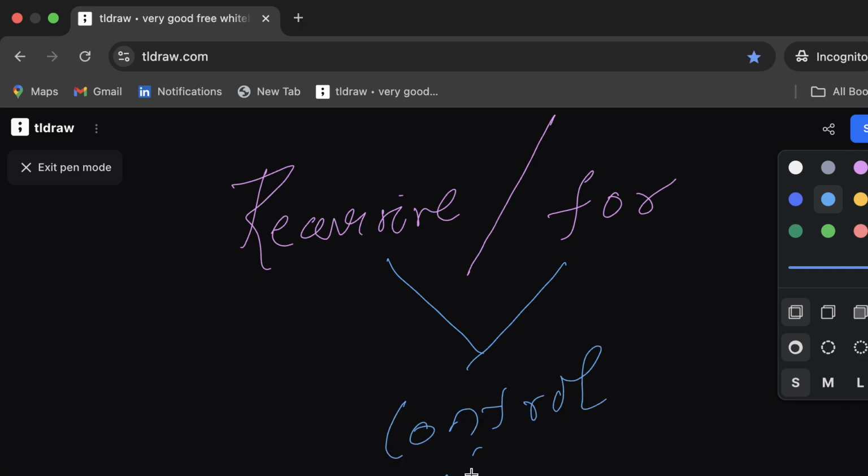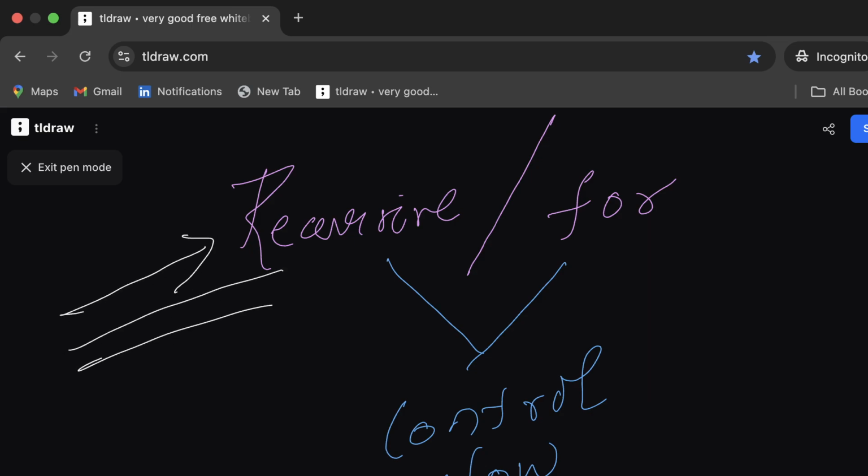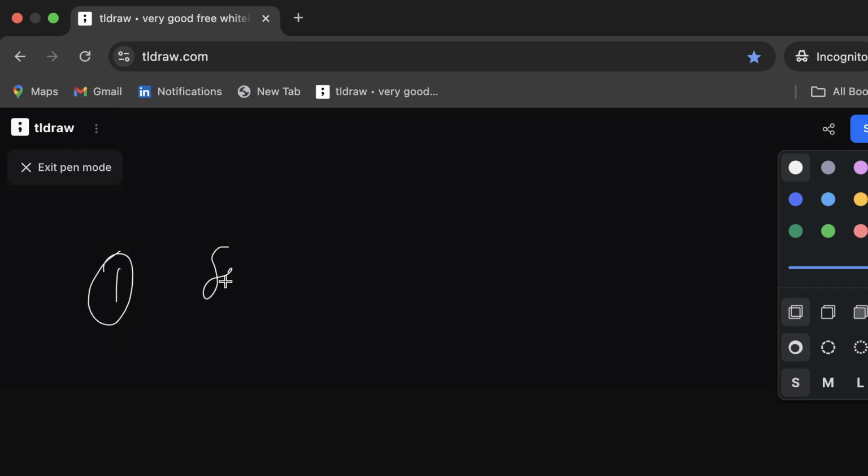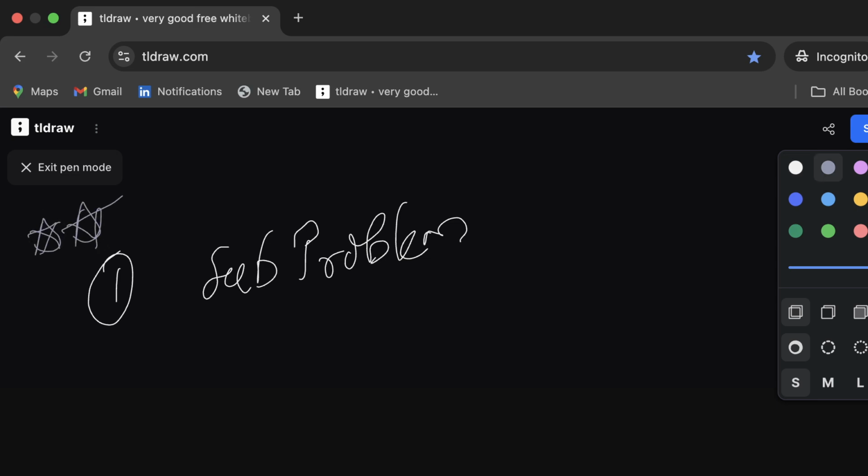But when should my go-to approach be recursion? The first thing is when we have a sub problem to solve. This is one of the biggest hints when deciding whether to go for recursion: do I have a sub problem that I'm solving?